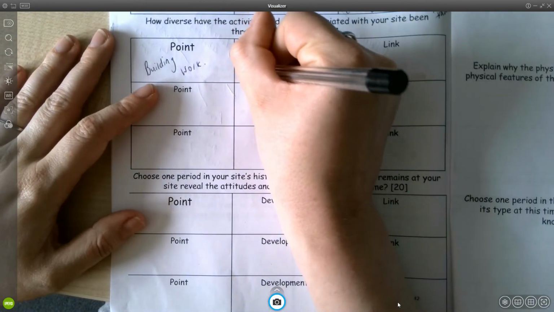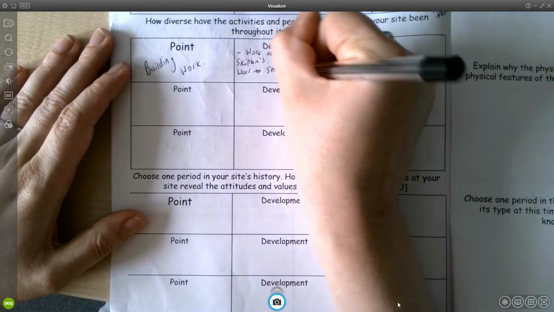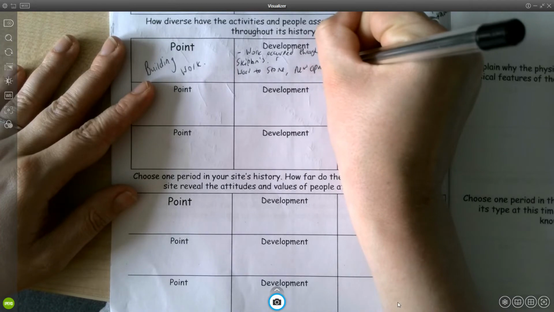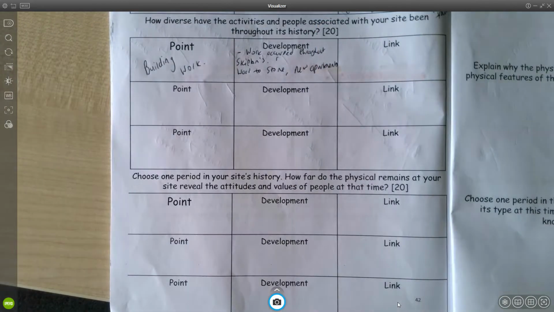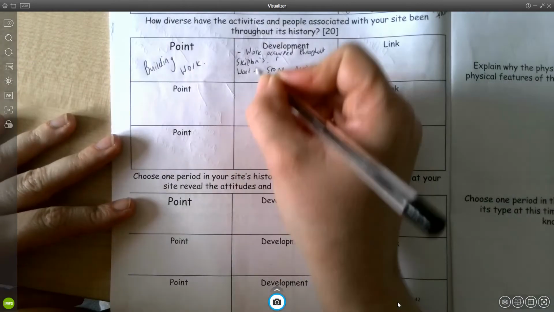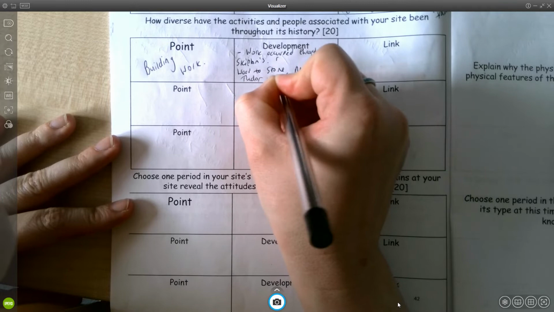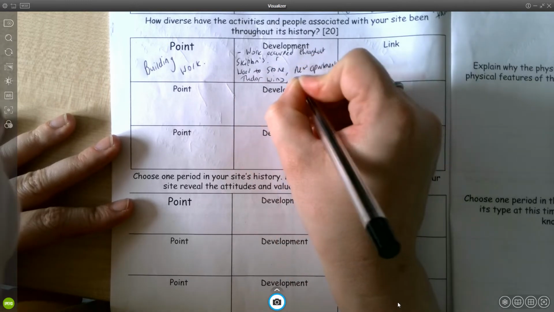For example, wood to stone, new apartments, tutoring, rebuilding.